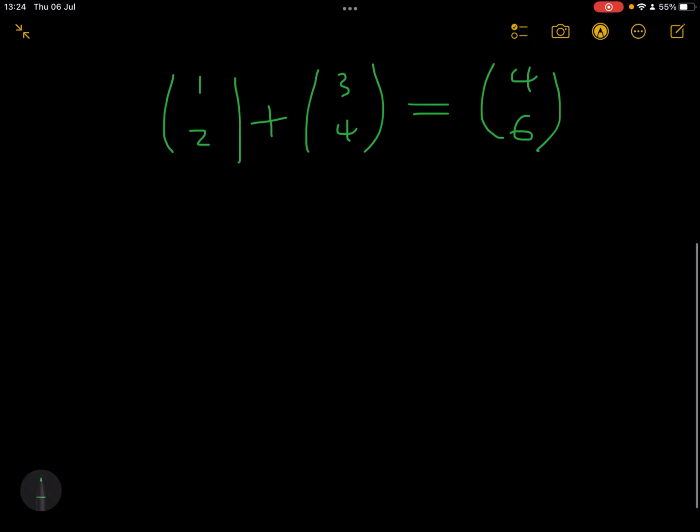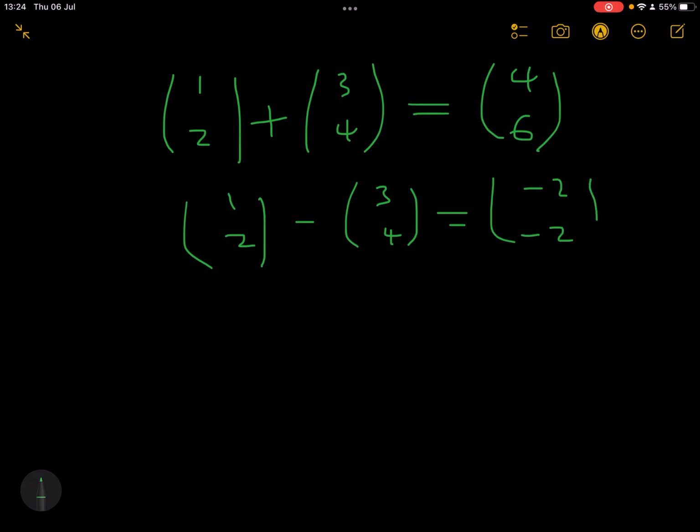Okay, let's take the same vectors, (1, 2) minus (3, 4). This will just give you (-2, -2). So if you have something like that, you can simply minus them.